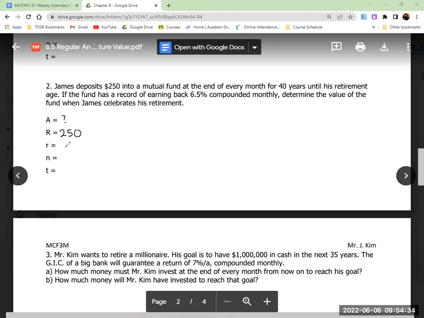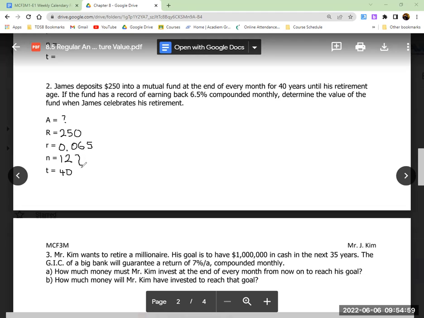And getting back 6.5% is pretty modest on average in the stock market, okay? Assuming there's no recession like we have right now. Well, I won't say it's a recession, but it looks pretty dismal. The compounding period is 12 times a year, and I'm doing this for 40 years.